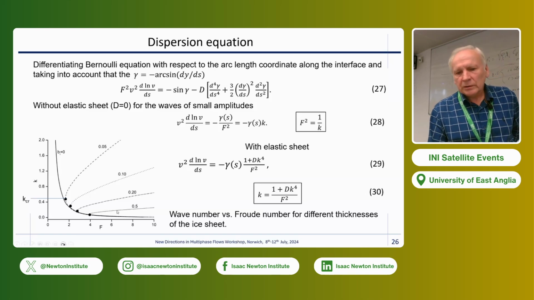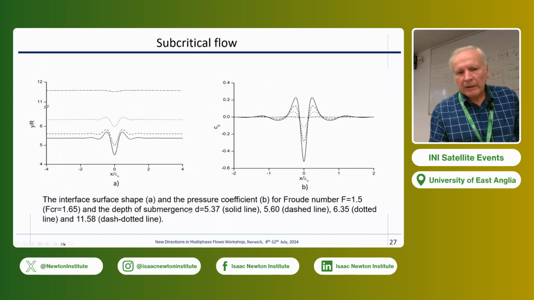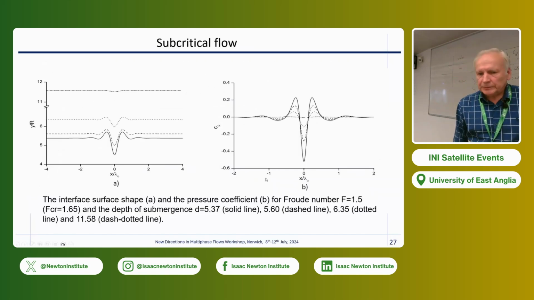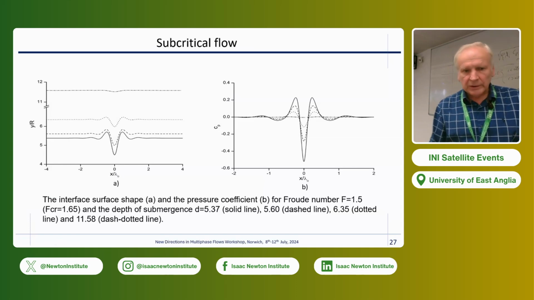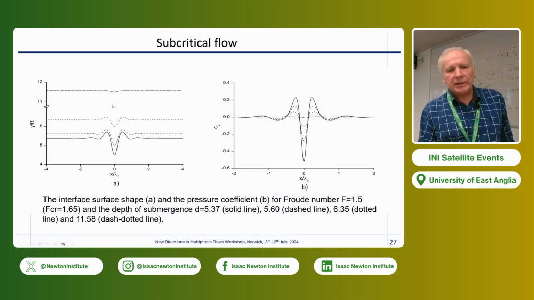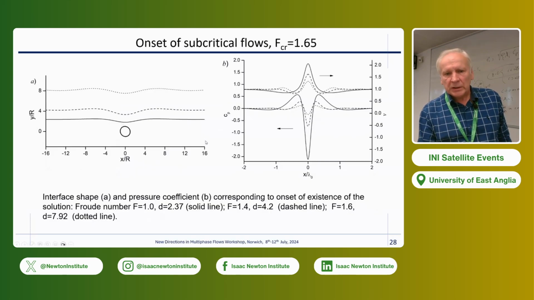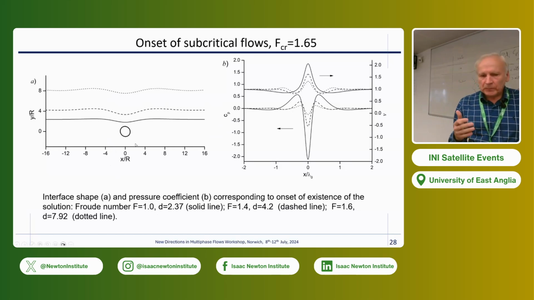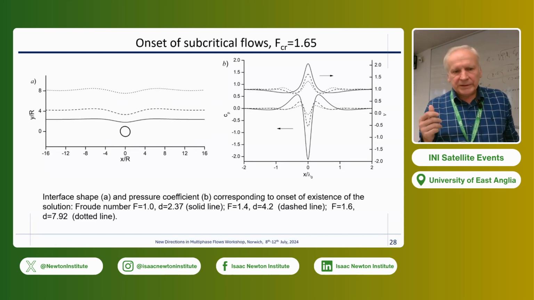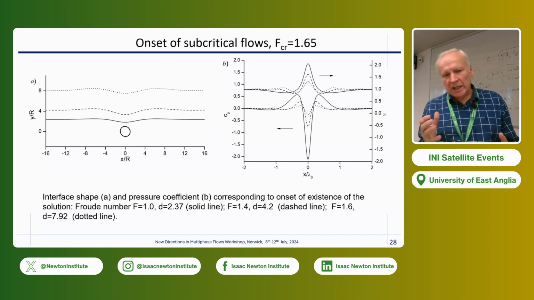equation for the case of ice cover. Here is shown the velocity response of the interface in subcritical flow regimes. Here is shown also, in this case, the effect of the height of obstruction, the depth of submergence.